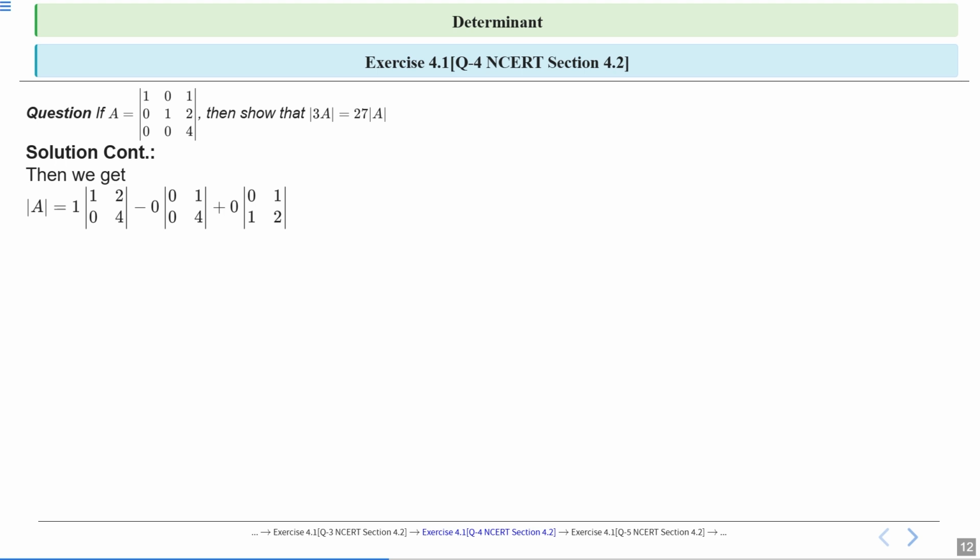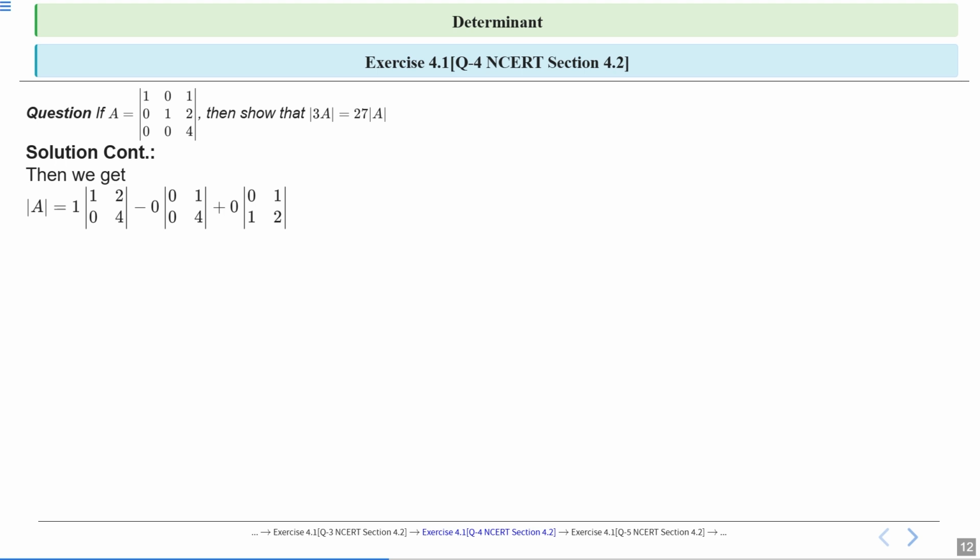And for the third term, when we expand along the last element of that column, that is again 0, we first multiply with minus 1 to the power i plus j, and here the indices for that element 0 are i is 1 and j is 3. So 1 plus 3 is 4. So minus 1 to the power 4 is again plus 1.